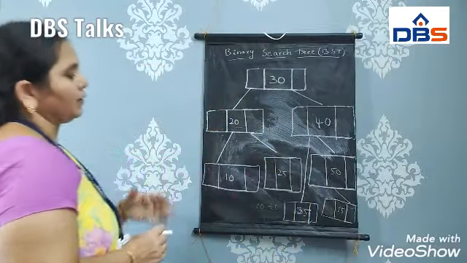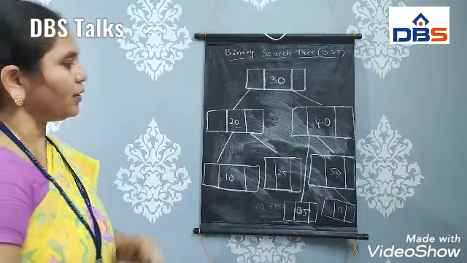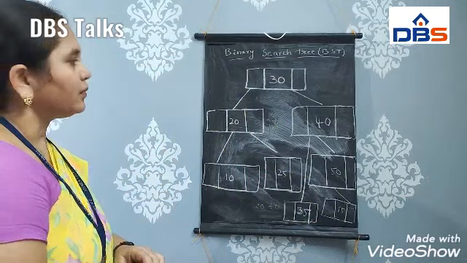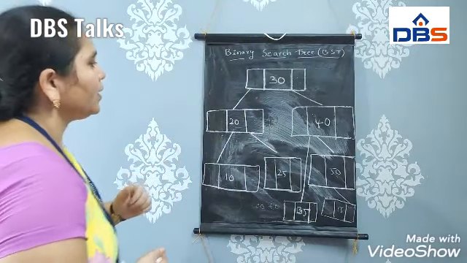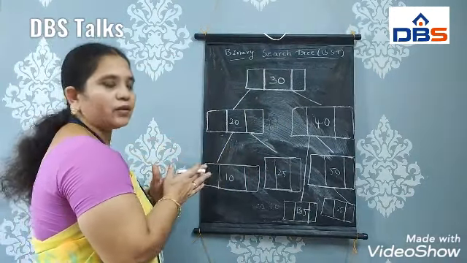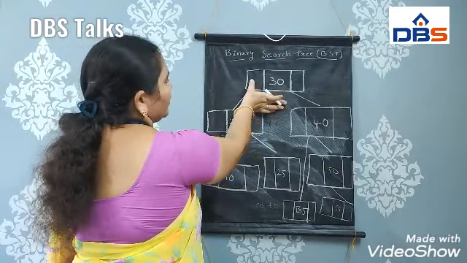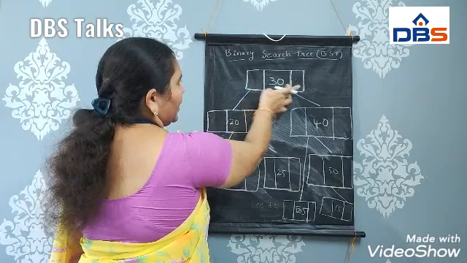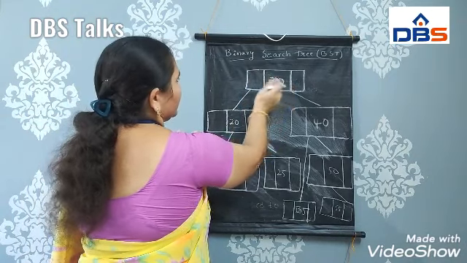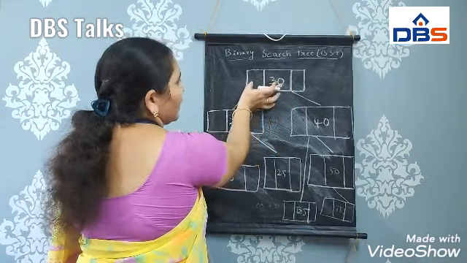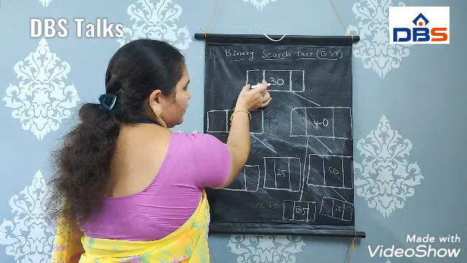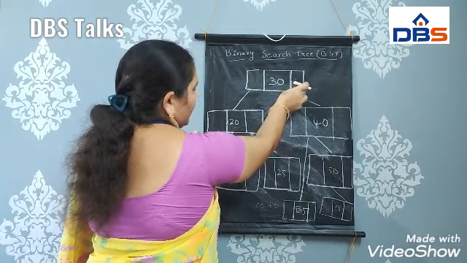Okay, that is the node structure for the previous binary search tree. According to the node representation, the root node contains a left field and a right field. Here we are going to store the address of the left child and the address of the right child.